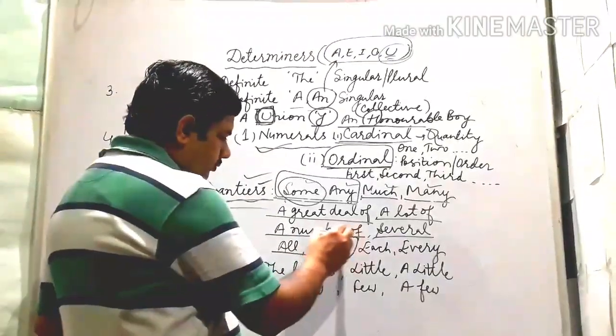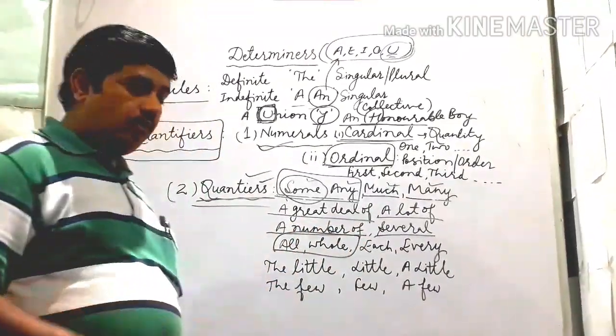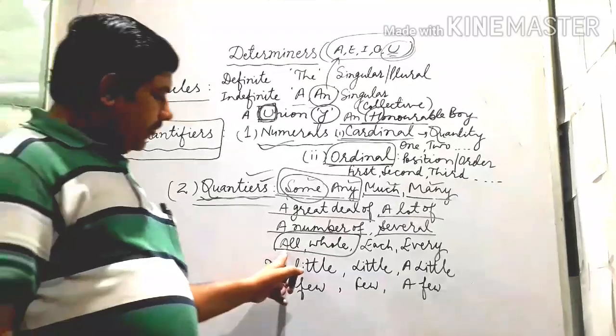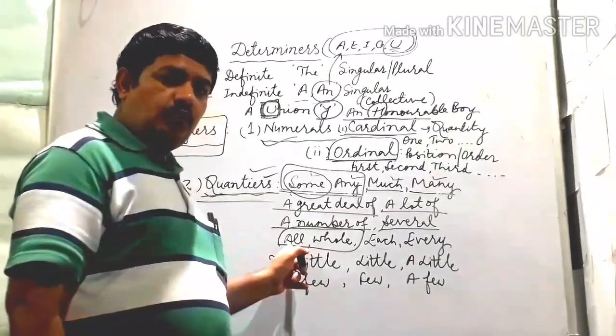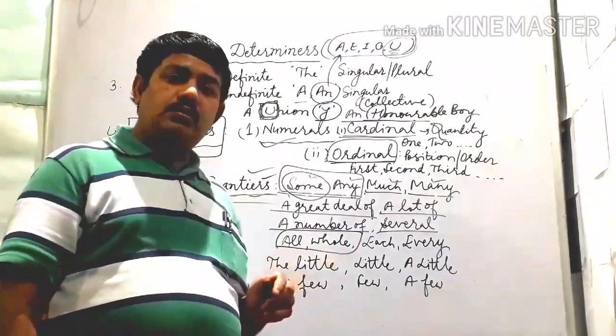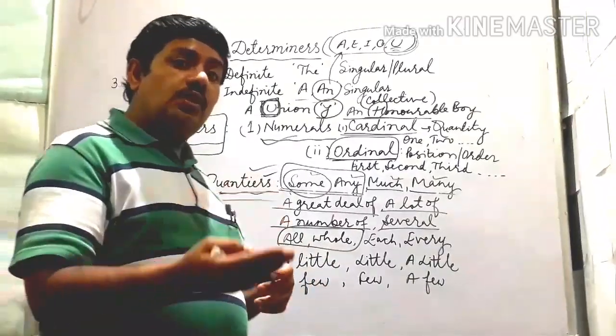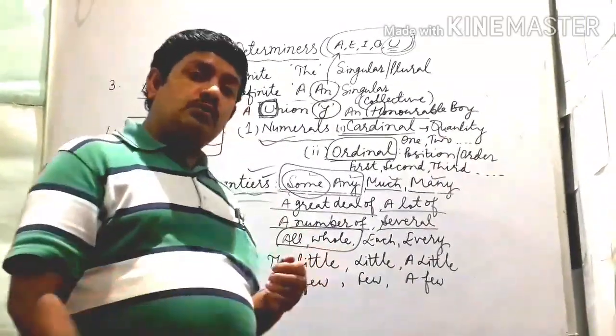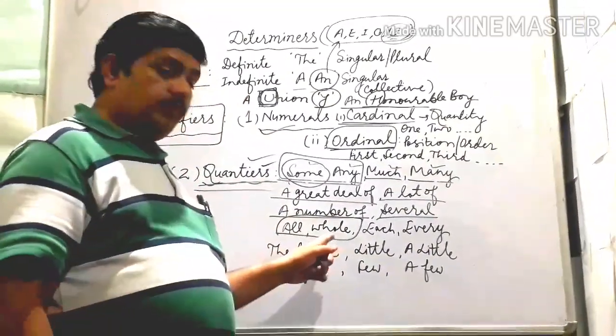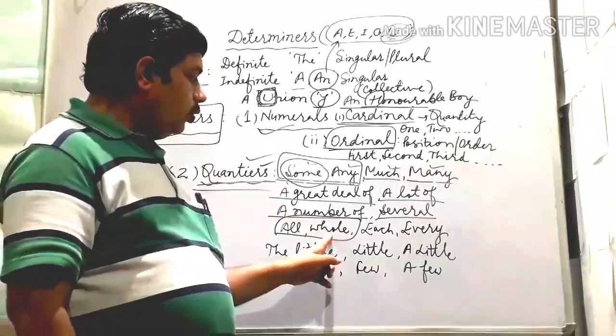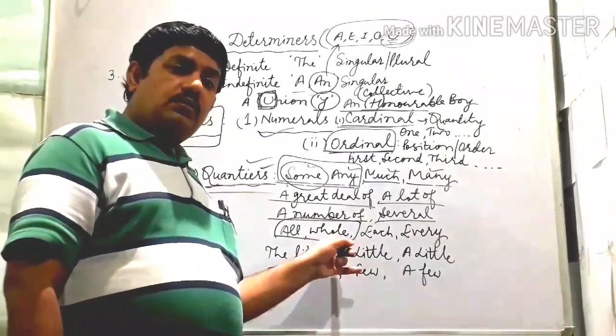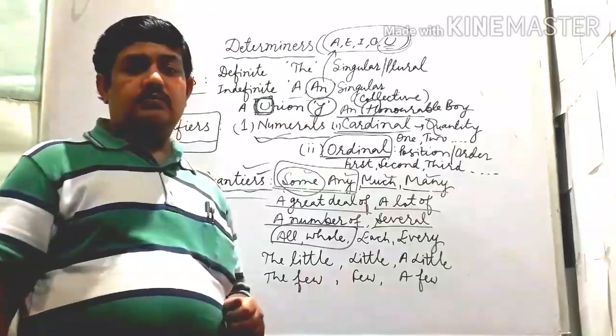All and whole, very important thing. All may be used with countable as well as uncountable things, singular as well as plural also, but in a different way. Whole is for a singular thing.